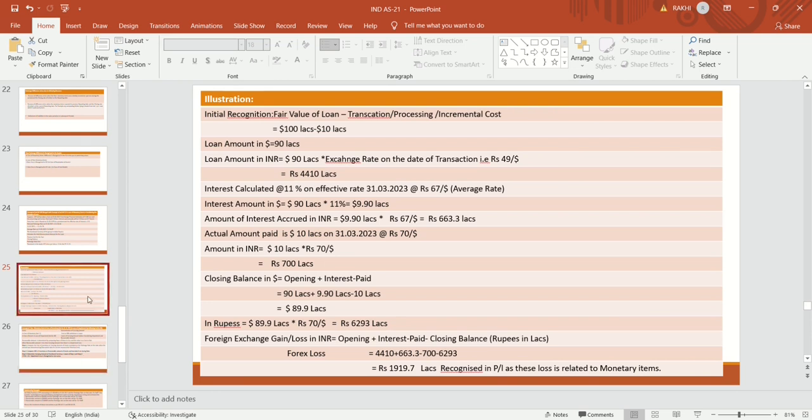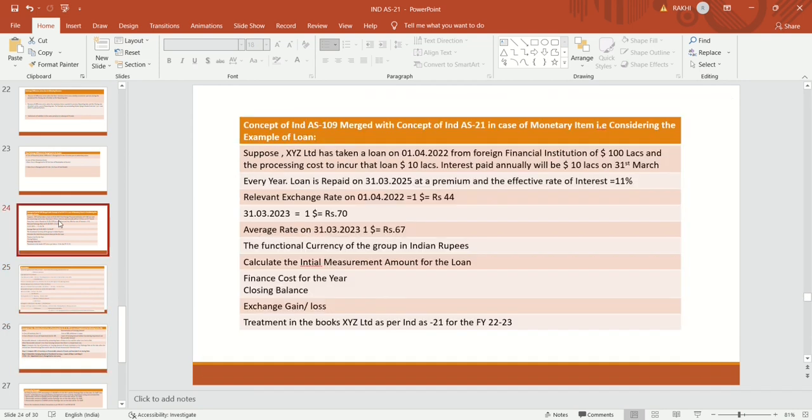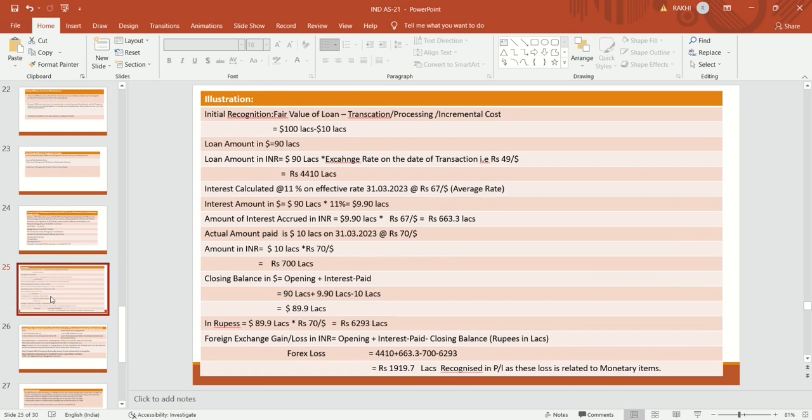So in this case, the loan amount is 100 lakh dollars and the processing cost is $10 lakh dollars. We will reduce that $10 lakh dollars from $100 lakh dollars to determine the actual amount of loan. So the actual amount of loan is 90 lakh dollars.